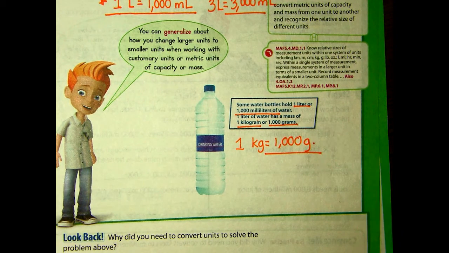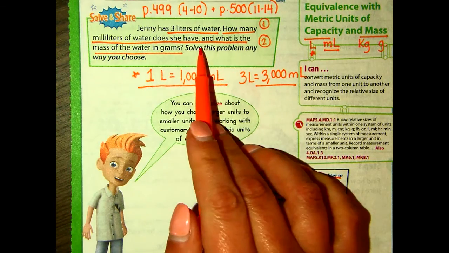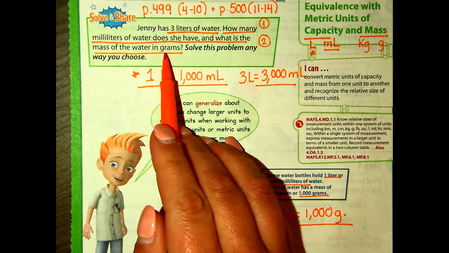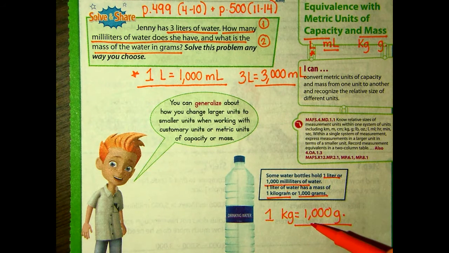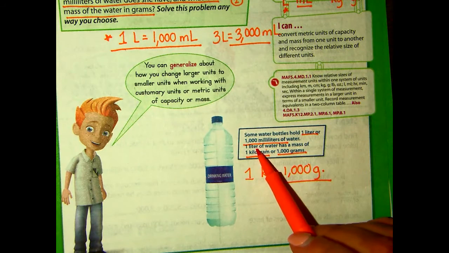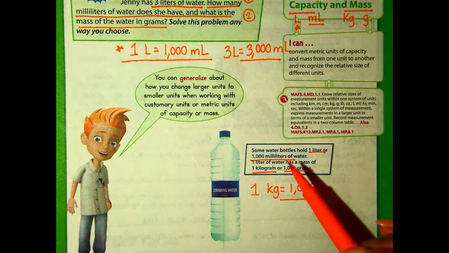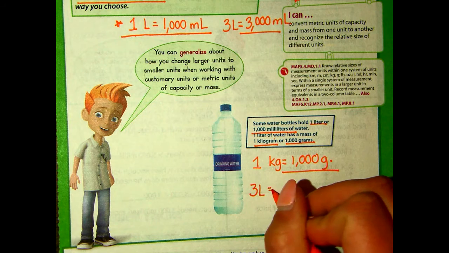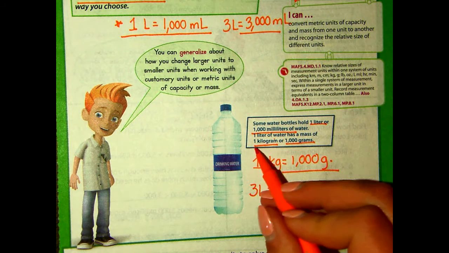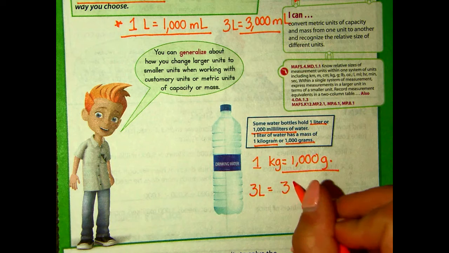So now let's look back at this question. What are we supposed to do? We have to find the mass of the water in grams. Okay. So they said that 1 liter of water has a mass of 1 kilogram. Well, we have 3 liters. So 3 liters has a mass of about 3 kilograms.